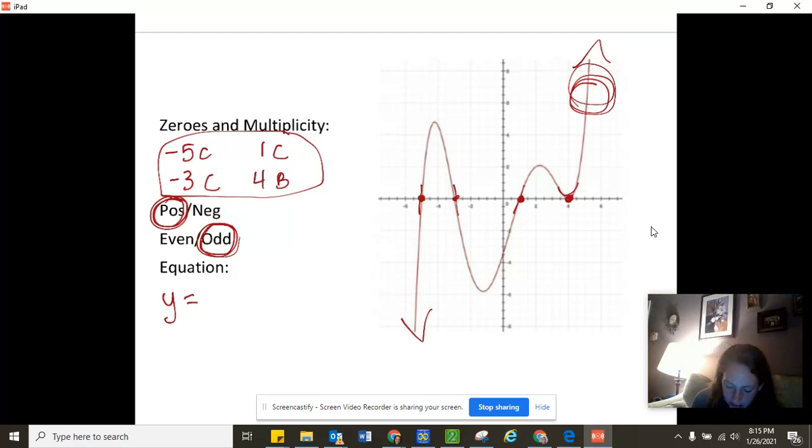So the negative 5 turns into x plus 5. Since it's a cross, it would be an exponent of 1, which I don't have to write. The negative 3 turns into x plus 3. And again, it's a cross, so I don't have to write an exponent. Positive 1 turns into x minus 1.